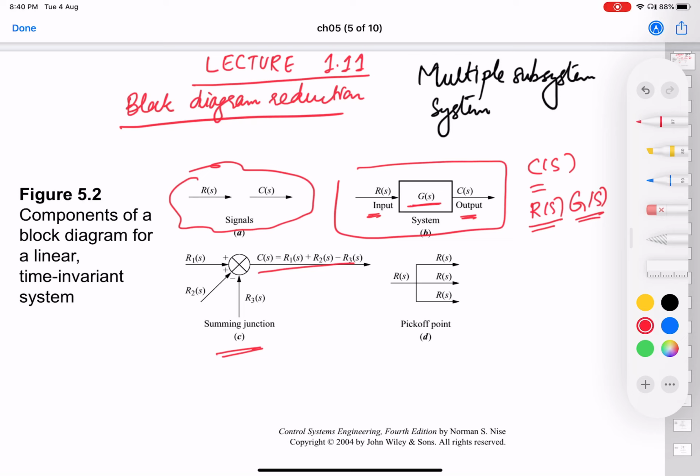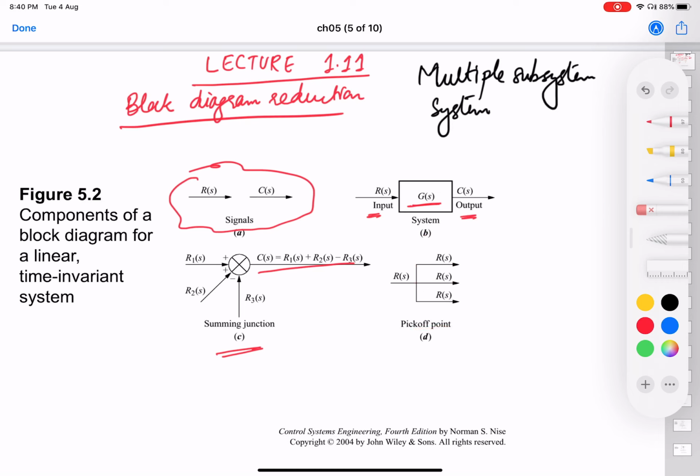Then you also have something called the pickoff point. This is important. If you have the signal R(s) somewhere and you want to distribute it, you can just pick it up from here and distribute it the way you want. For example, in this case, R(s) is being picked up and you are taking it to three different places. Basically, it is not division. It is not like current dividing.